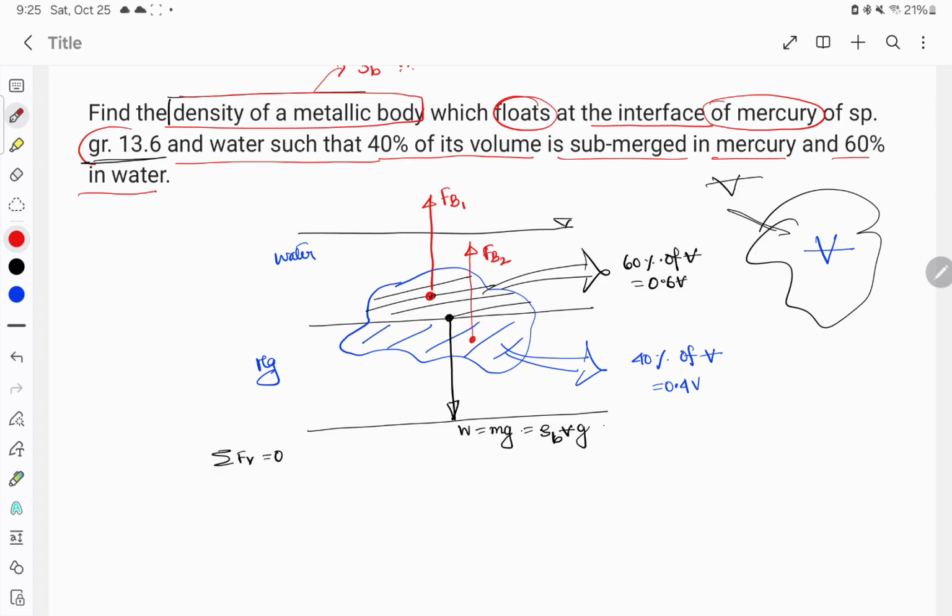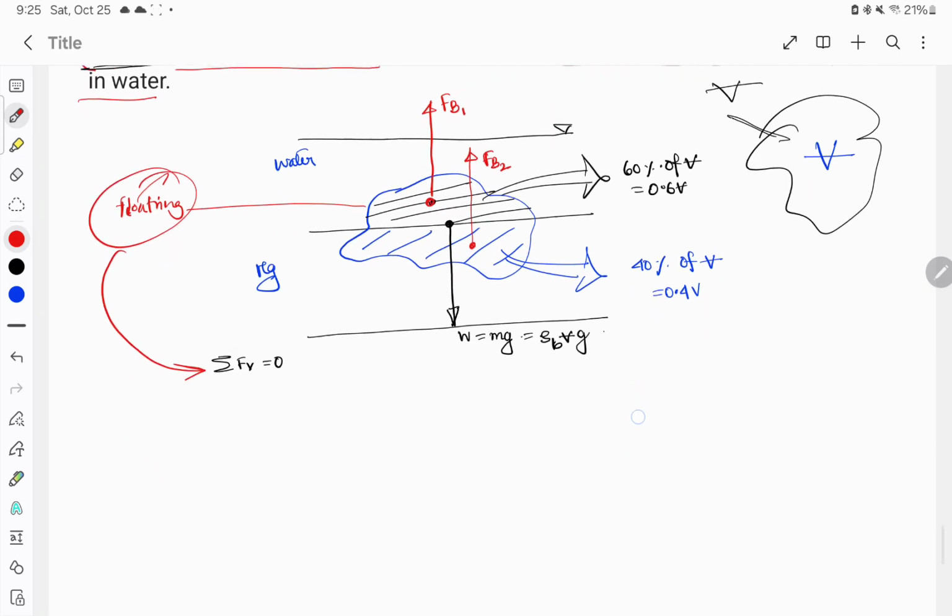Since we are considering only the forces in the vertical direction, and this body is floating, the total force in the vertical direction has been neutralized, meaning all the forces in the downward direction have been neutralized by all the forces in the upward direction. If I consider this direction as positive, Fb1 plus Fb2 will neutralize what? The weight of the body, right?